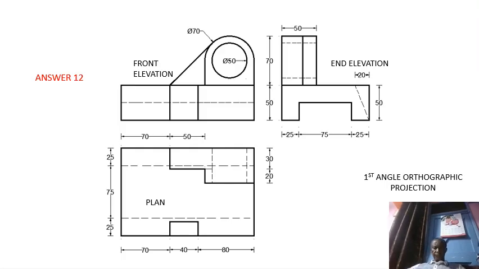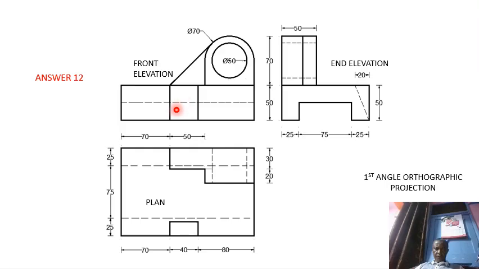So basically, this is what you're supposed to draw, and you can see that we have dashed lines here indicating that there's a hidden detail right here, and that hidden detail is showing this hole over here.